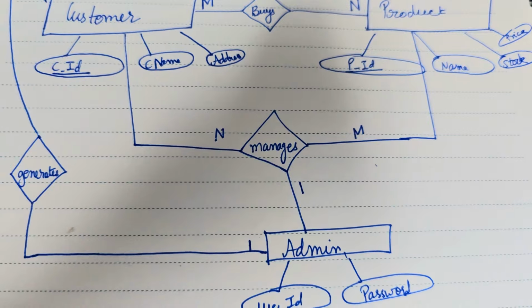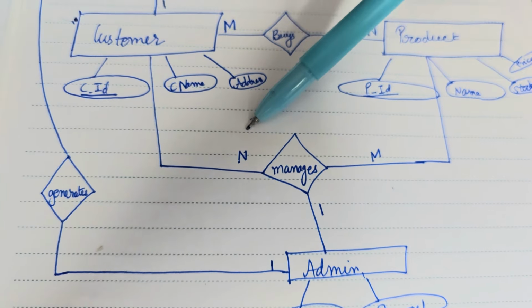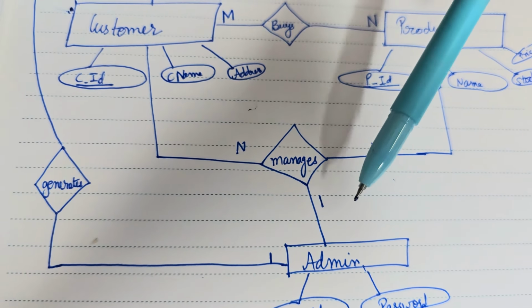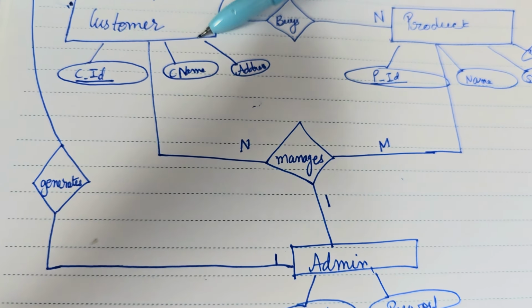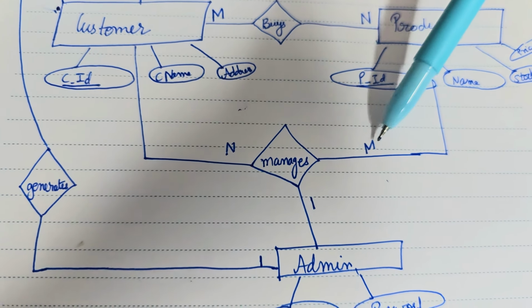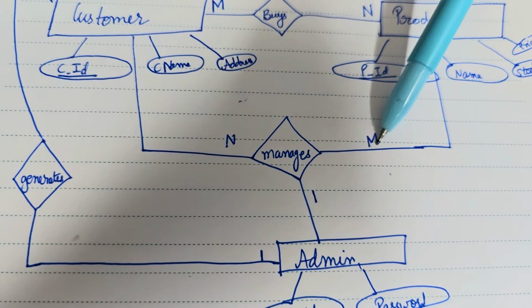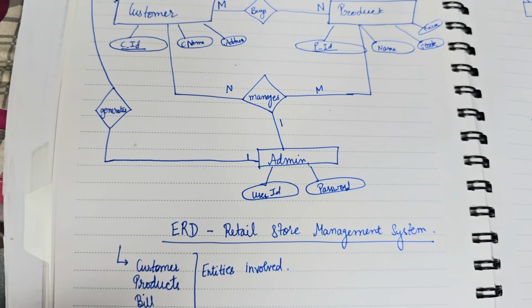I have written m here and n here because it's not the same value. One admin can manage 100 customers and one admin can manage maybe 50 products, so this value is not the same. That's why I've written n here and m here. Alright, so this is how we create an ERD.